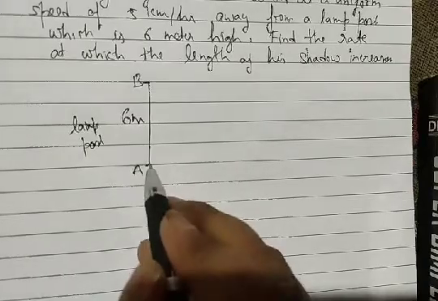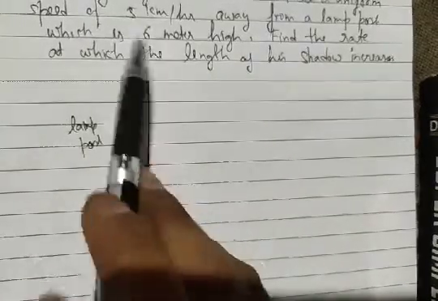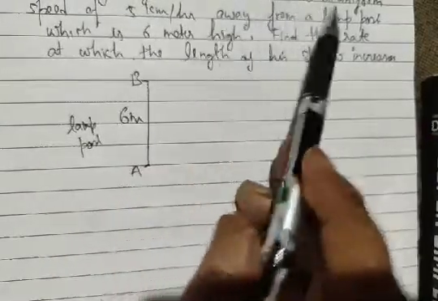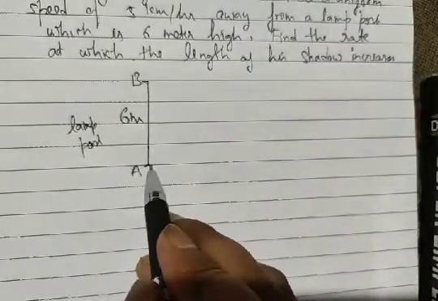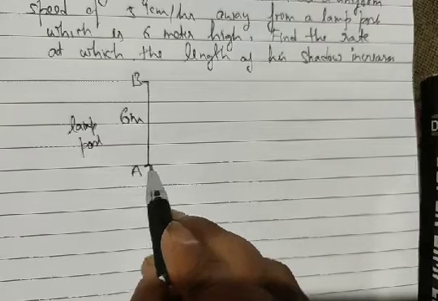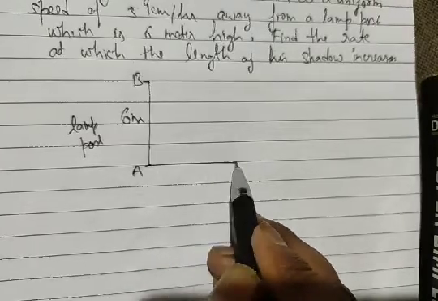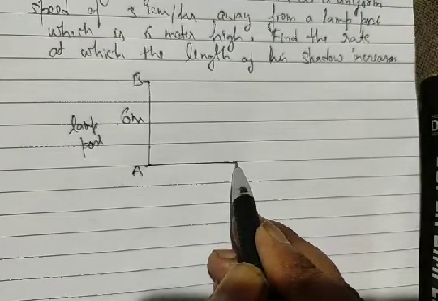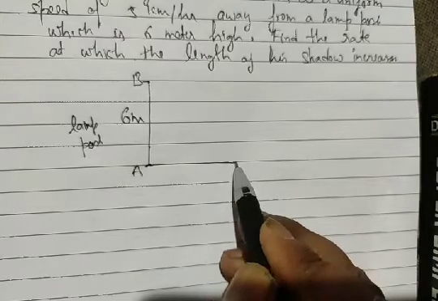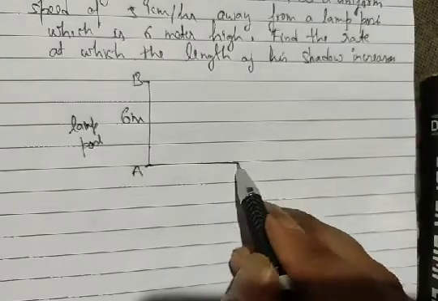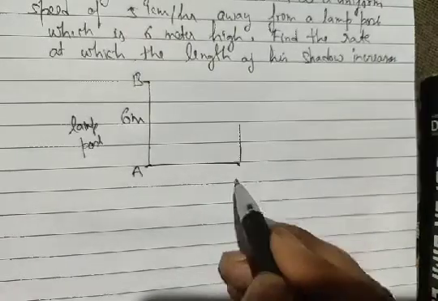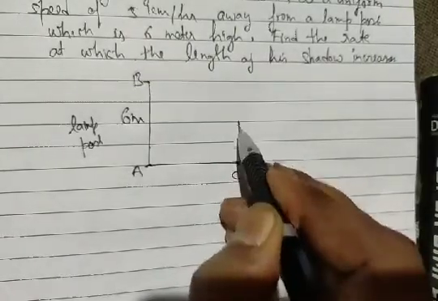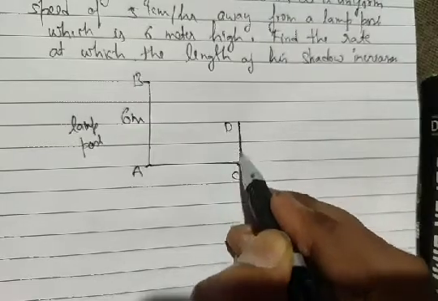Suppose a man is standing there. A man of height 2 meters walks at a uniform speed of 5 km per hour away from the lamppost.